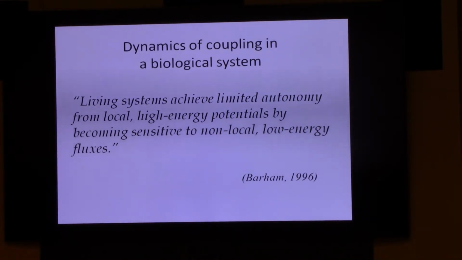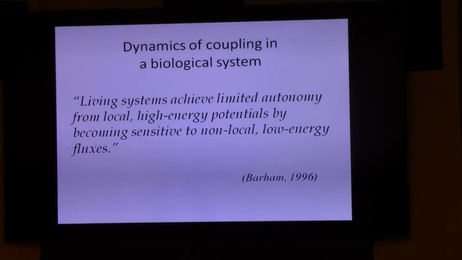Living systems achieve limited autonomy from local high energy potentials by becoming sensitive to non-local low energy fluxes. What does this mean? Well, autonomy from an energy potential is, okay, let's say I'm an organism and I rely on glucose for energy.